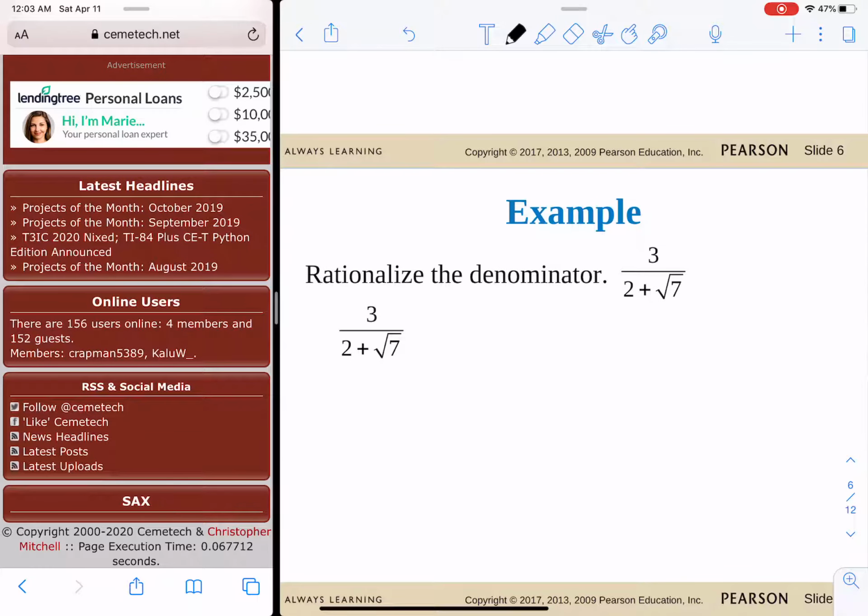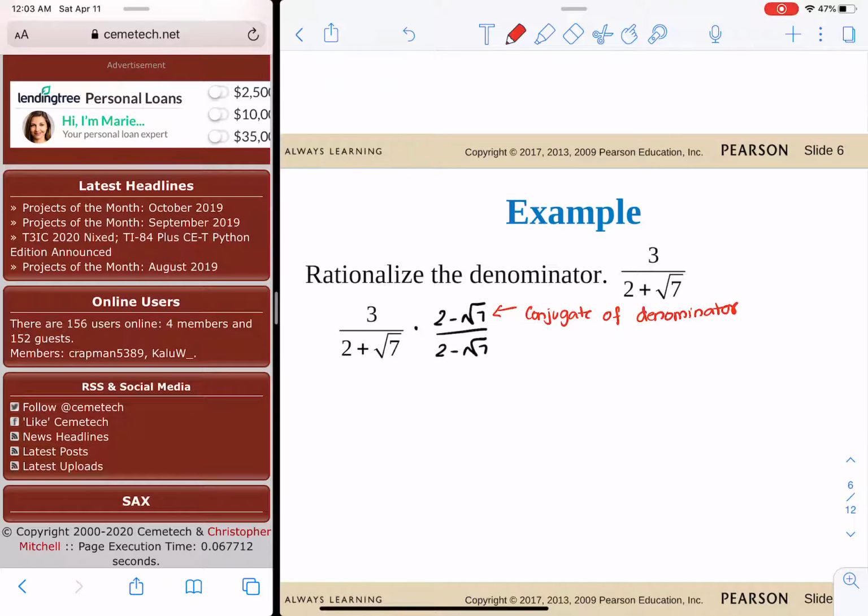In a problem like this, we multiply and divide by something called the conjugate of the denominator, which is 2 minus square root of 7. And why do we do it this way?